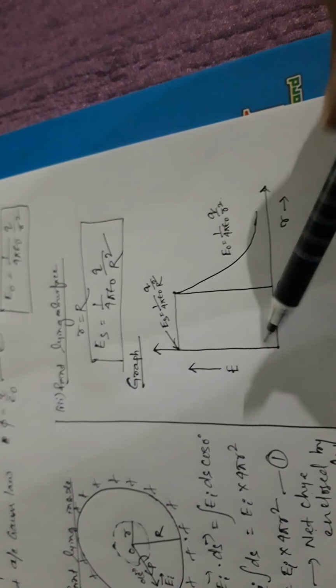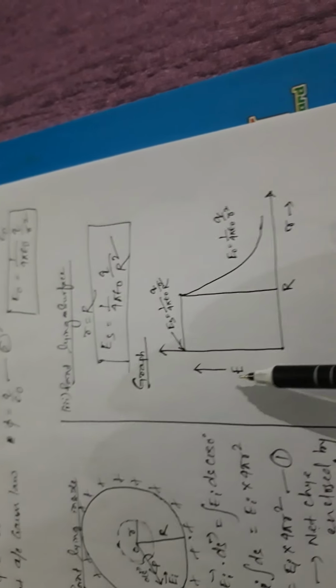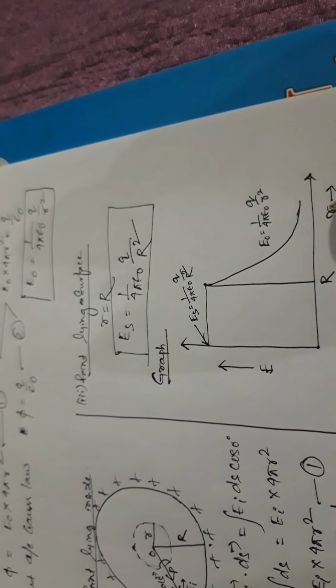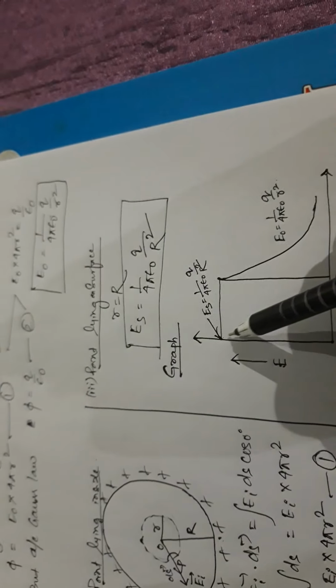Then taking these three expressions EO, ES and EI, one can draw the graph between the electric intensity E with respect to the distance of the point of observation from the center of the spherical cell. Now here you see, when small r is equal to capital R, that is the surface, and that is constant.